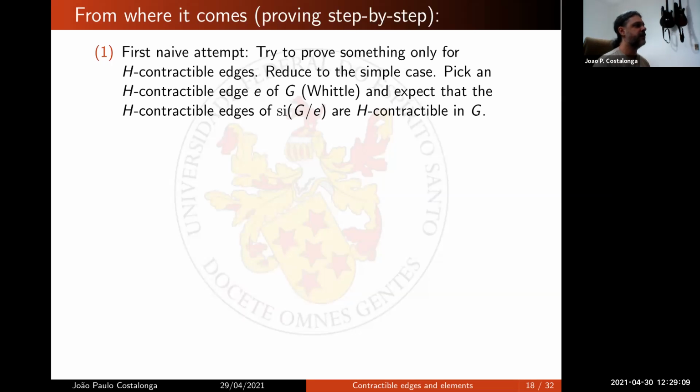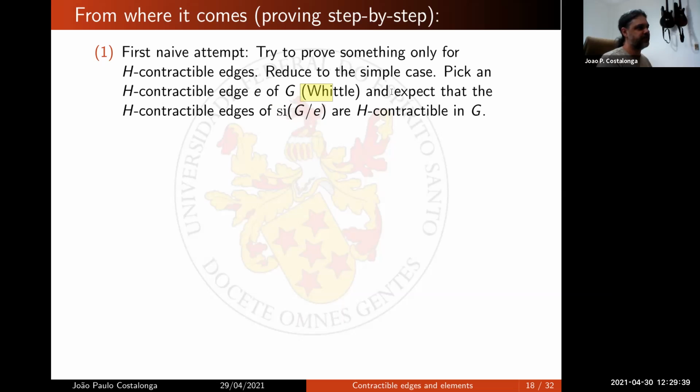Well, the first naive attempt to prove this theorem is to try to prove something only for H contractible edges. You pick an H contractible edge and expect that in the simplification of the contraction, this edge will behave well in your big graph.